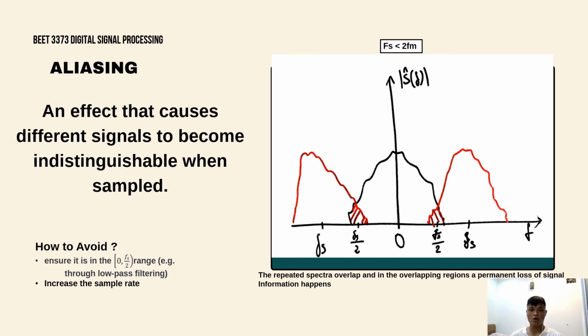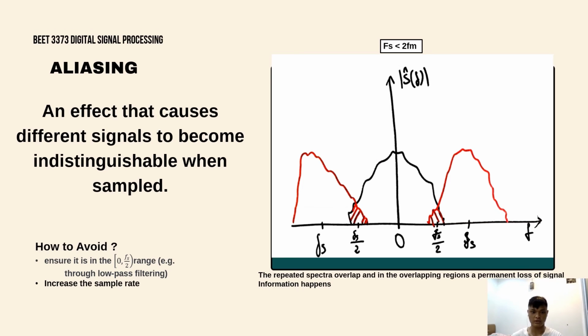It means that the sampled waveform will not be able to be recovered uniquely back to the original waveform. Based on the diagram, the repeated spectra overlap, and the overlapping region causes permanent loss of signal information.